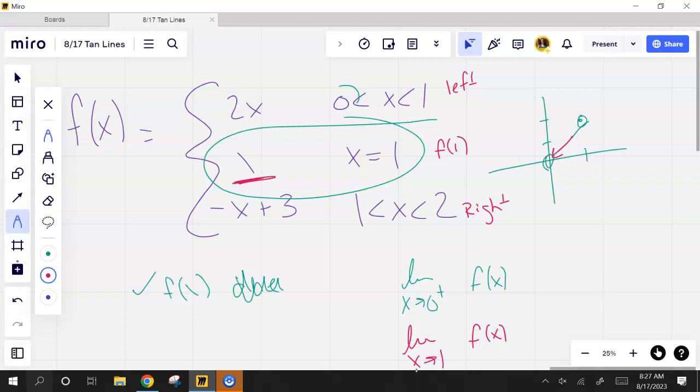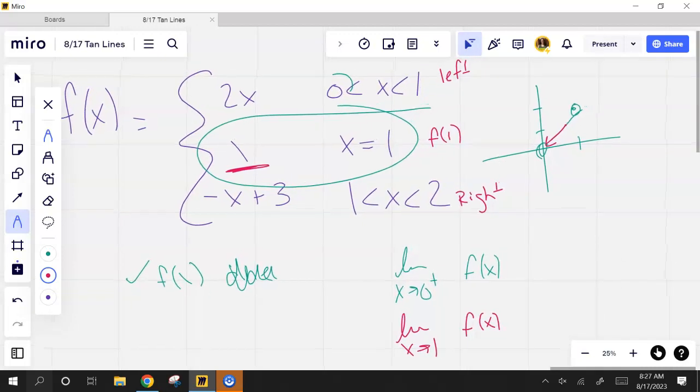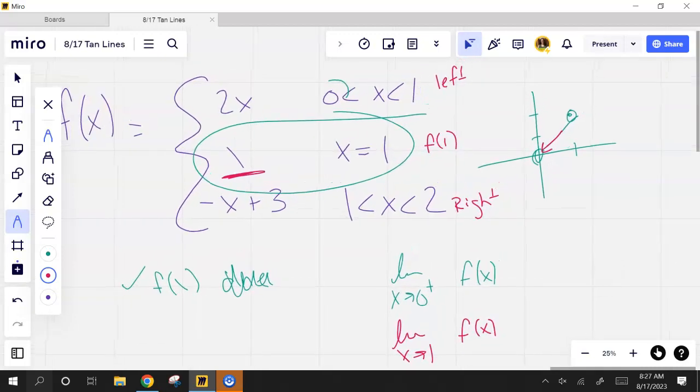Well, if I plug in, ooh, wait, x approaches 1. Oh, I'm not talking about continuity. I'm just talking about limit, yeah. So this one doesn't have to equal. These two just have to equal each other. So 2 times 1 is 2, and then negative 1 plus 3 is 2, so that works. Now, if it said it was continuous there, then I'd have to look at the function value also.